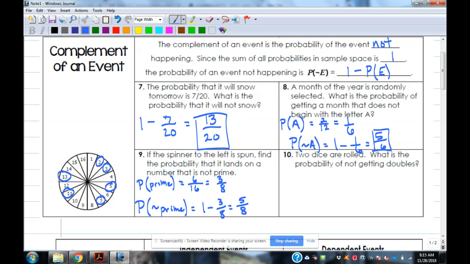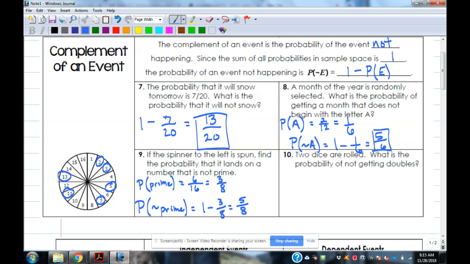So when I roll them, I could get 1 1. I could get 1 2, 1 3, 1 4, 1 5, and 1 6. I could get 2 1, 2 2, 2 3, 2 4, 2 5, 2 6.